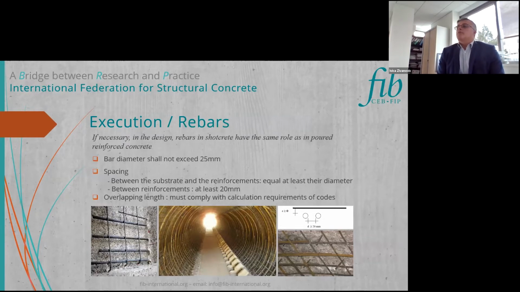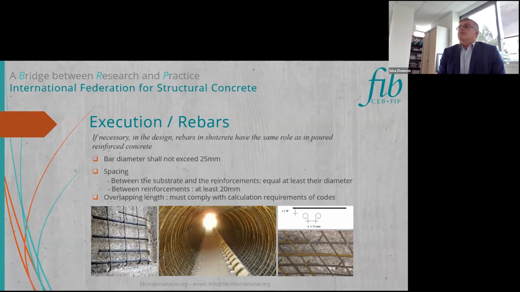In terms of execution related to steel reinforcement of the structure, when necessary according to the design, rebar in the shotcrete has, of course, the same role as in poured reinforced concrete, but with some limitations, as indicated. The bar diameter cannot exceed 25 millimeters.